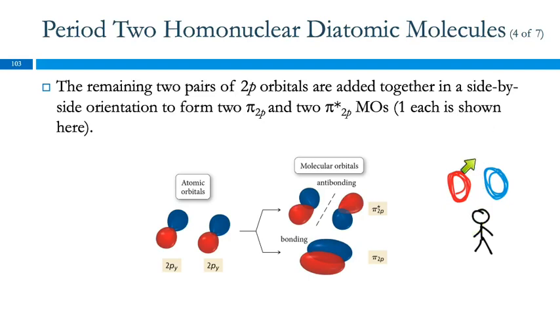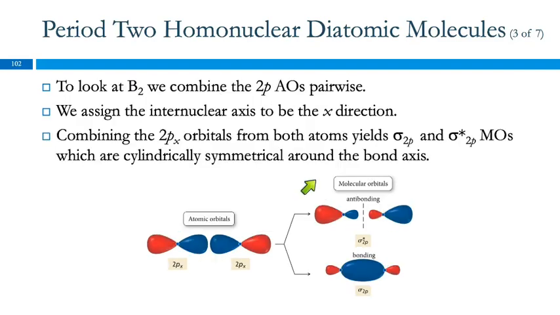I'm looking this way and I'm seeing two pieces. This other one, if I'm looking from one nucleus to the next, what I'm going to see there is a round, fat, blue thing. And if I want to put the red in there, it'd be a little smaller thing in the middle, right? I see the little bit of red and the blue, and I can't see the other red. I'm looking down. It's symmetrical, it's round, it's like a sigma. These are sigma orbitals, just like the s orbitals were.